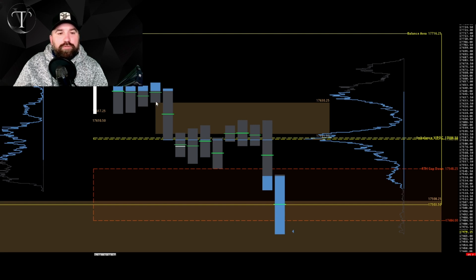And so a 30-minute fair value gap would be the low of this block to the high of this block, because there's this gap in activity with nothing overlapping. So a fair value gap is going to typically be a wider range. Single prints are going to be the dead nut, like the middle of a fair value gap, which is where you want to execute if you're trading that style.